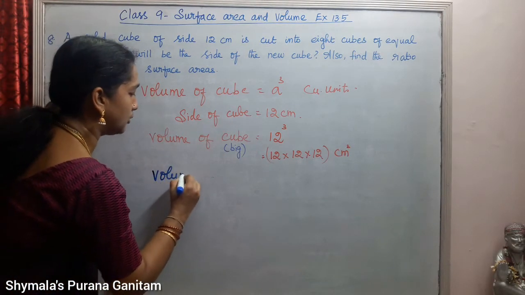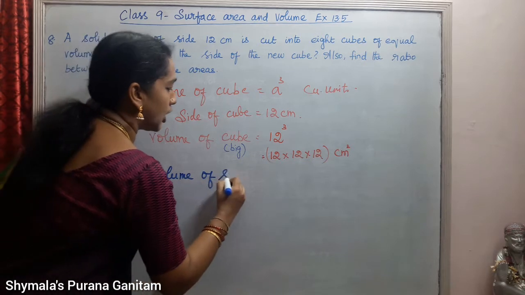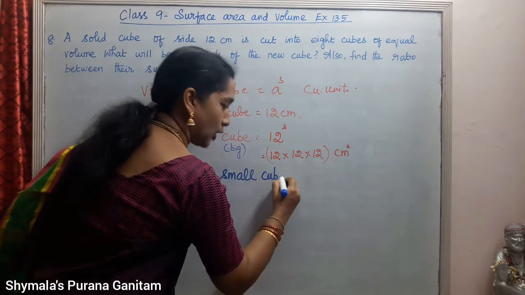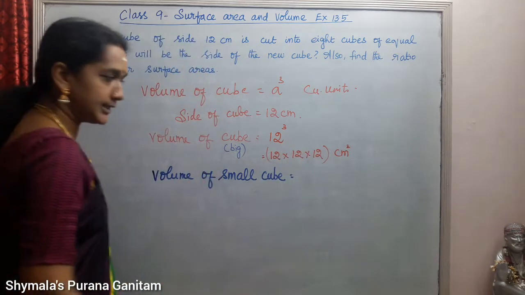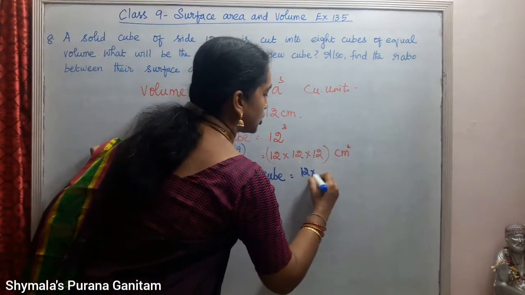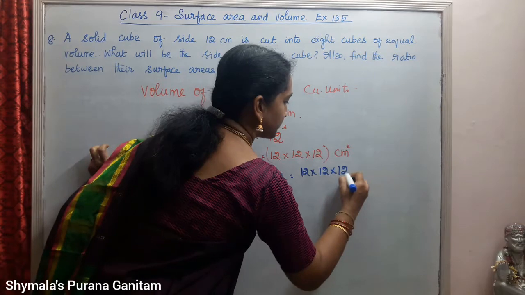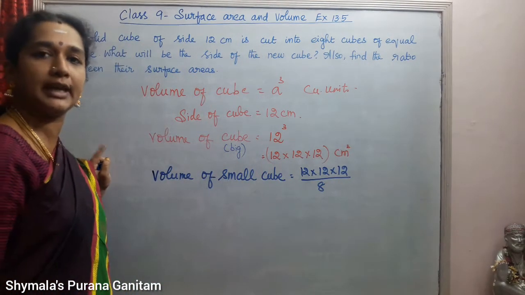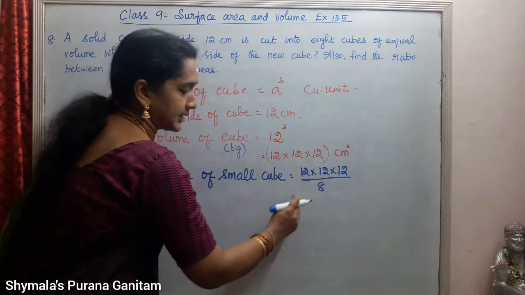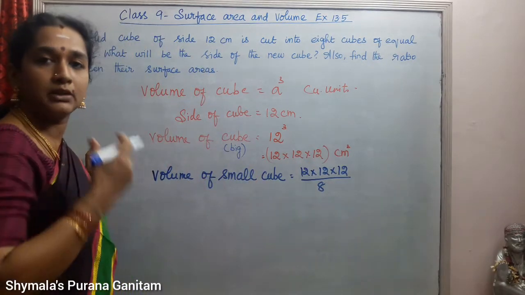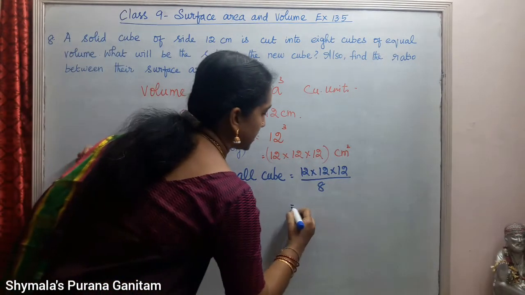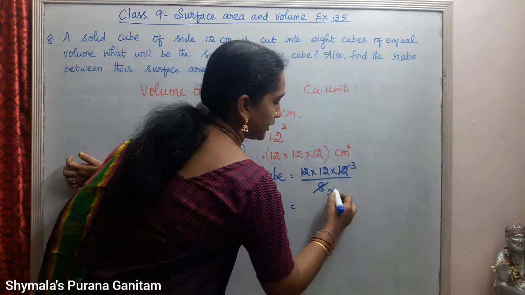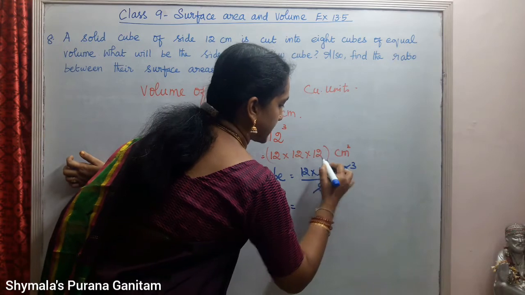So the volume of one small cube is equal to 12 into 12 into 12 divided by 8. If you divide this, we will get the volume of one cube. 4 2s are 8, 4 3s are 12, then 2 1s are 2, 2 6s are 12.